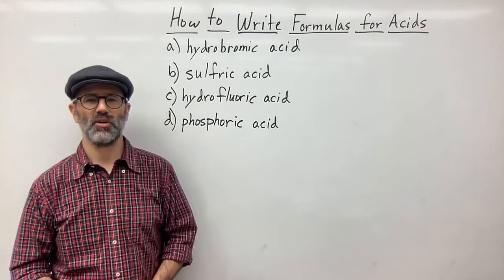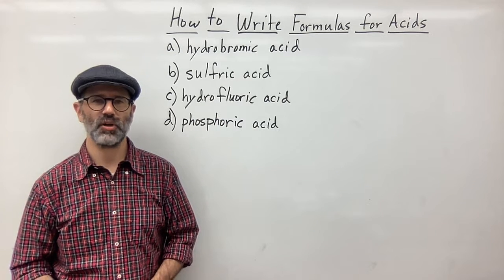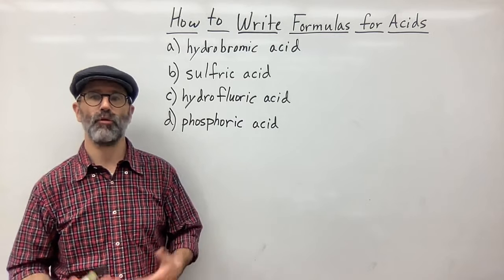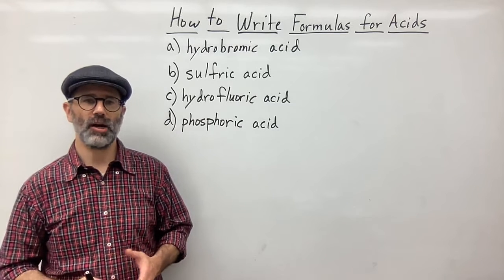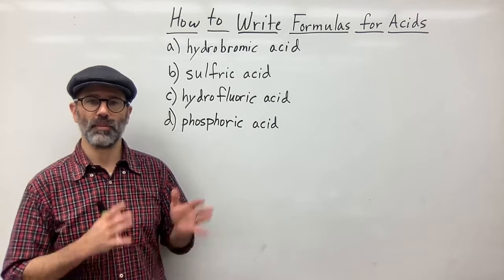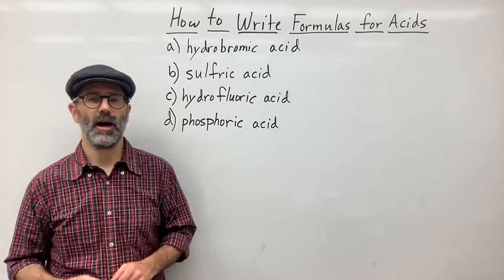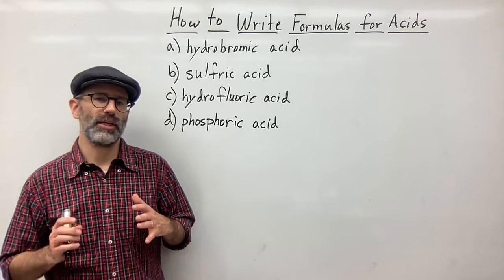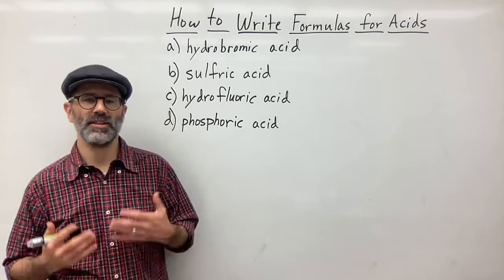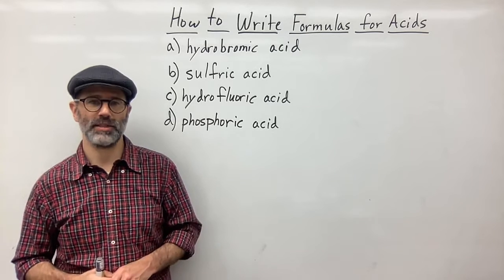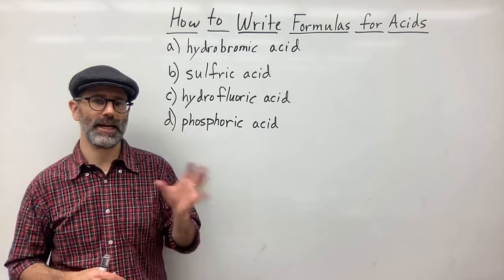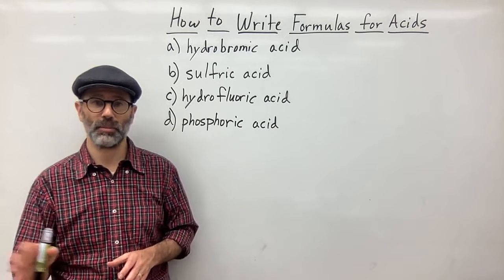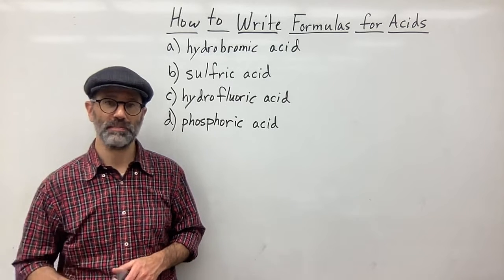My name is Mr. Kovalt, and in this video I'm going to be going over how to write formulas for acids. I'm going to talk about how you can go from the name to the formula for an acid. In doing that, you need to distinguish between the two kinds of acids. You have the binary acid, which is just made up of hydrogen and some other element, usually a halogen.